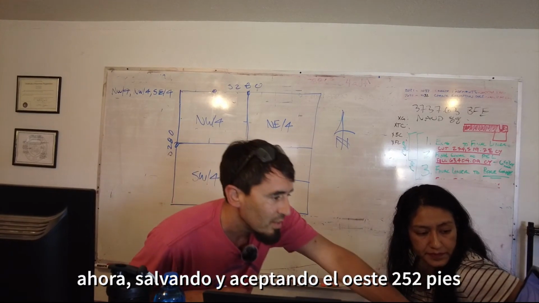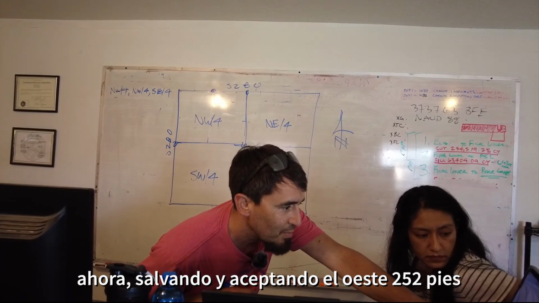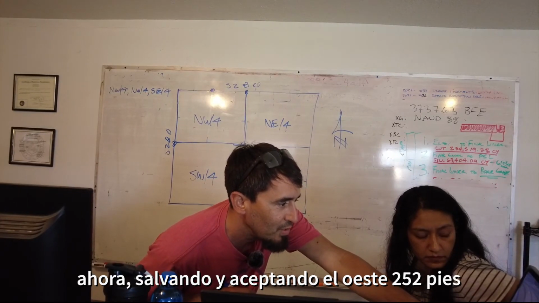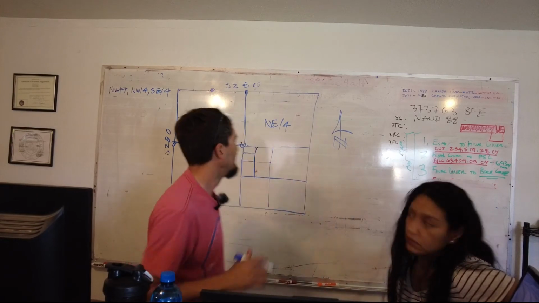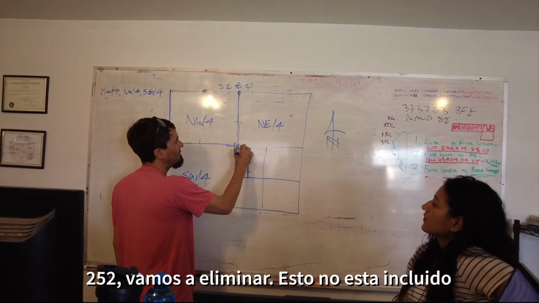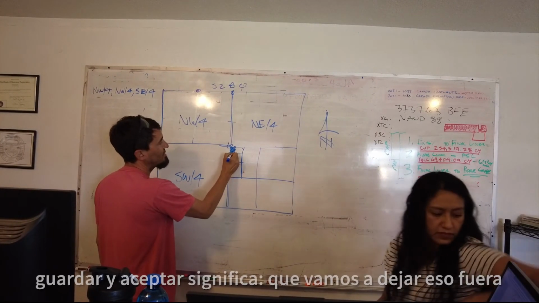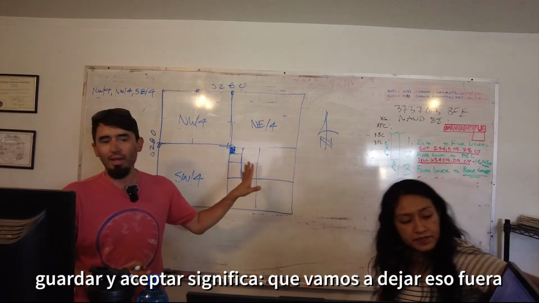Now, it says the north 222 feet of said north, saving and excepting the west 252 feet. So 252, we're going to take off right there, and that's not included. Save and except means we're going to leave that out.